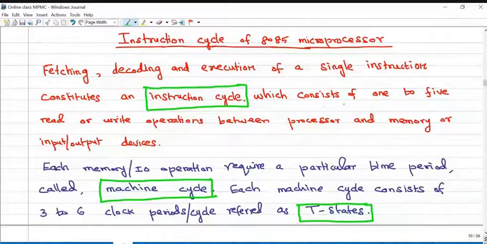One instruction cycle may contain 1 to 5 read or write operations. Some instructions may complete within one machine cycle, while some need more than one machine cycle. That is the operation between microprocessor and memory, or microprocessor and IO devices.